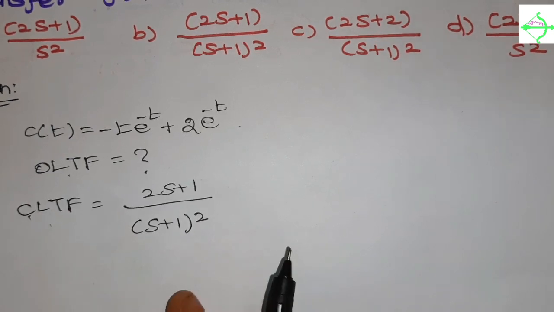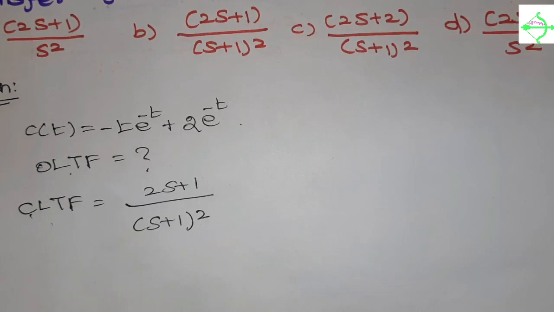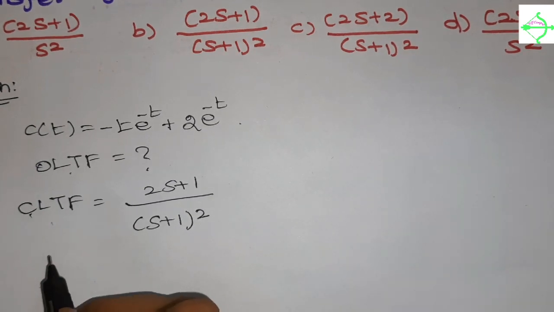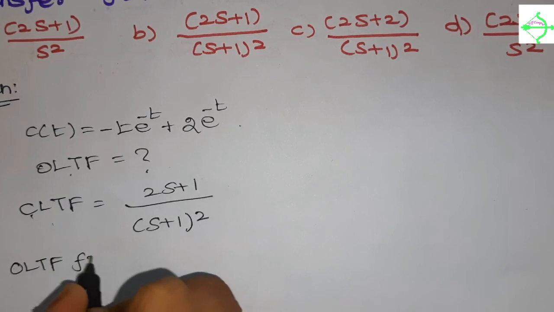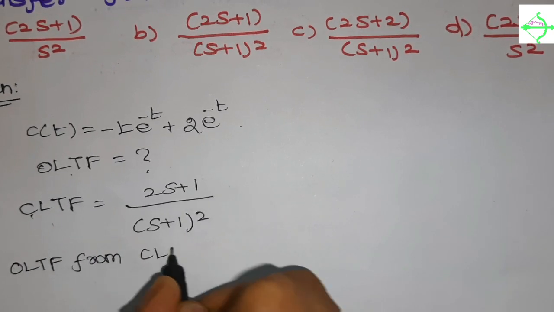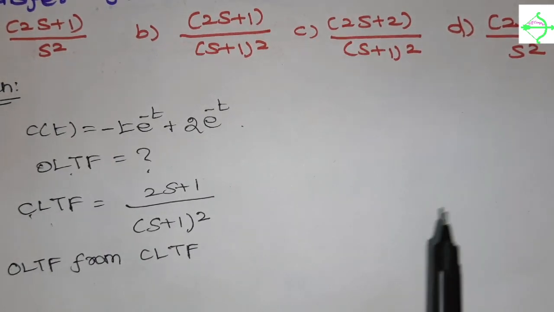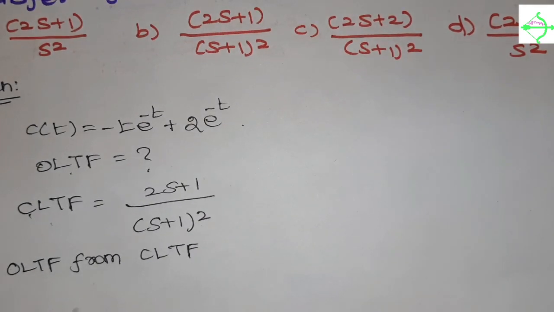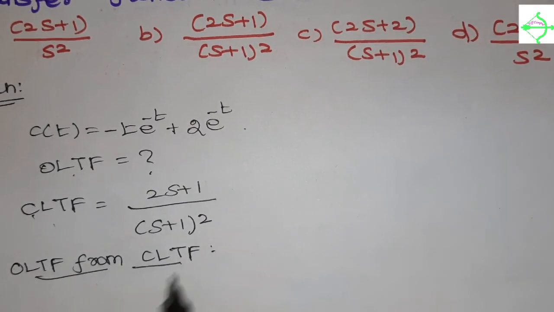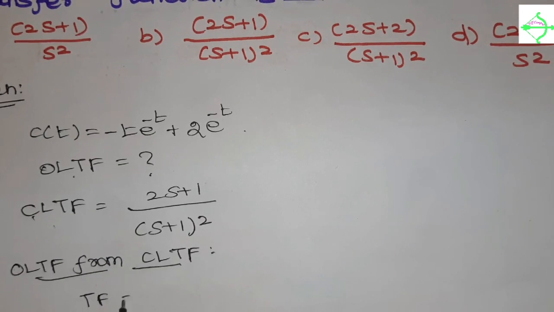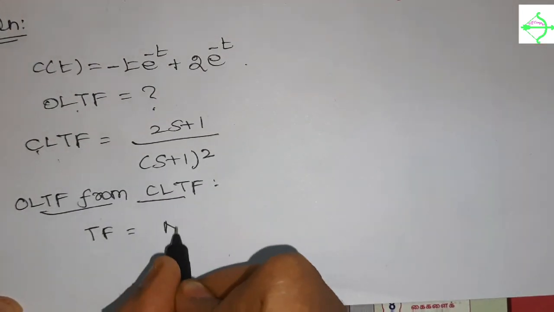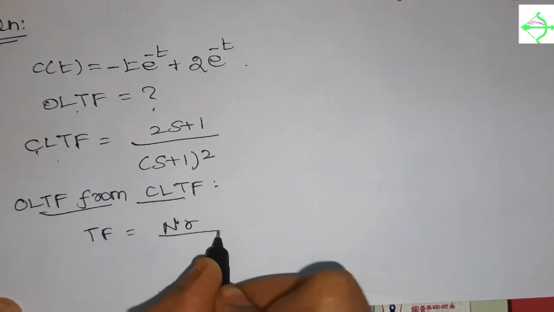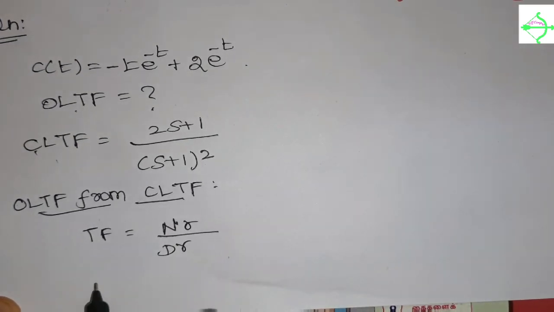We have one formula to find out the open loop transfer function from the closed loop transfer function. It is applicable only for the unity feedback system. A transfer function has a numerator term and a denominator term.